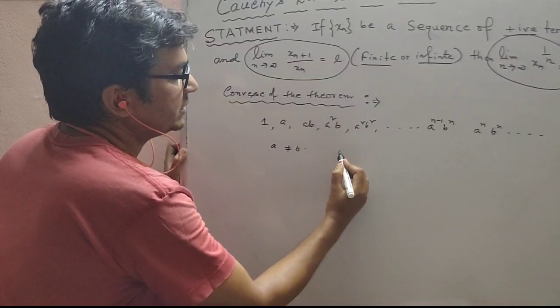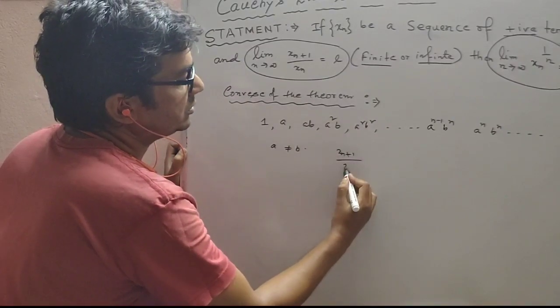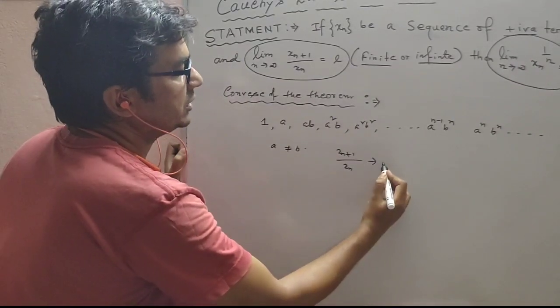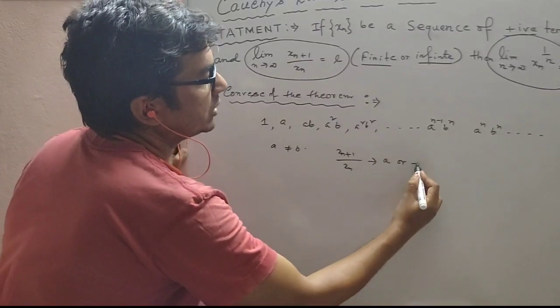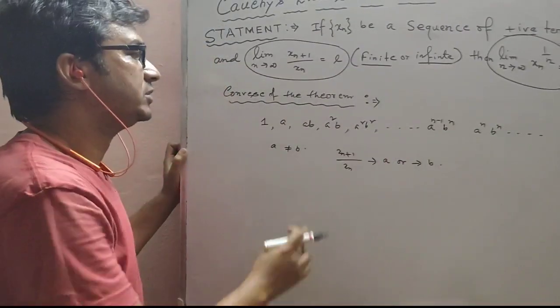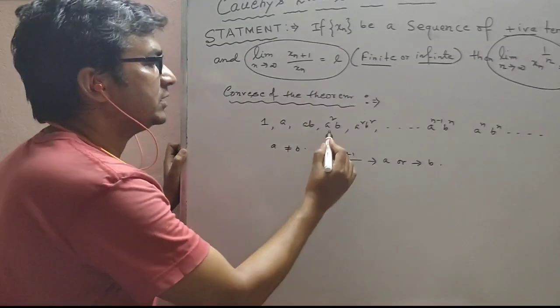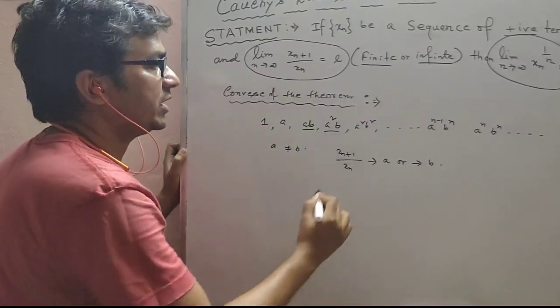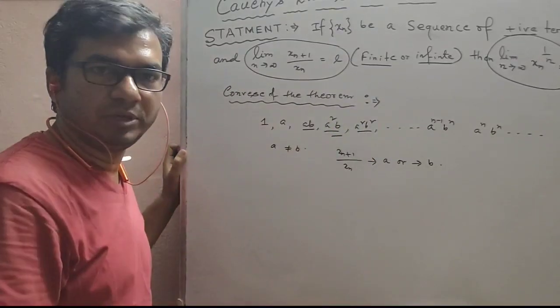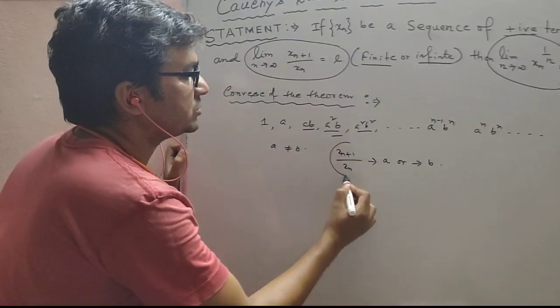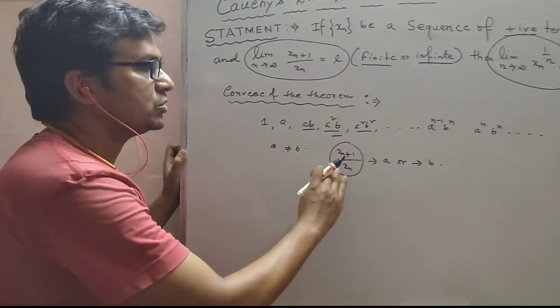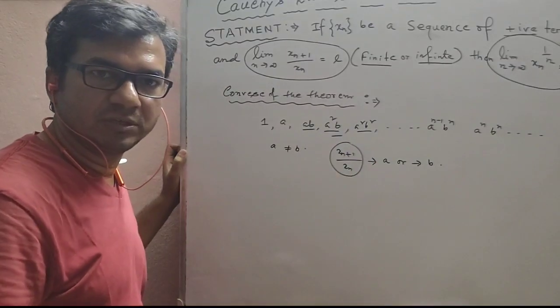We see that the ratio tends to a or tends to b. This is variable. This by this is equal to a, but this by this is equal to b. So this is not convergent. This oscillates between a and b.